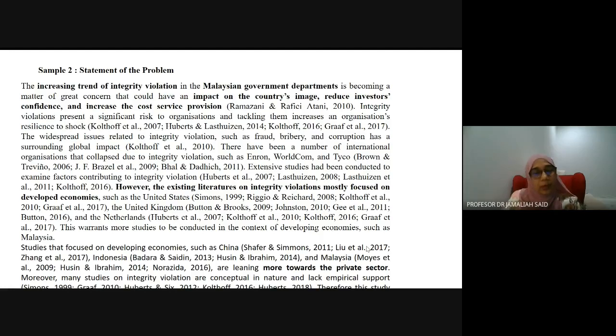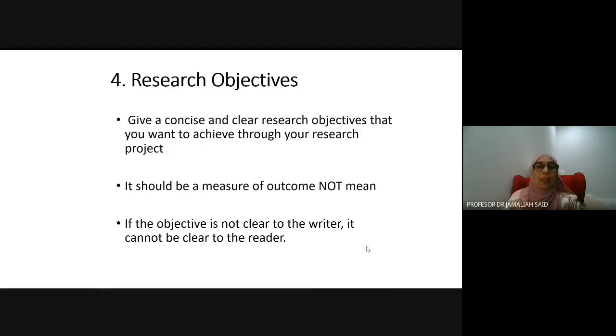They end the section by saying that, based on this theory, they are going to examine whether these factors will contribute to integrity violation in the Malaysian public sector.